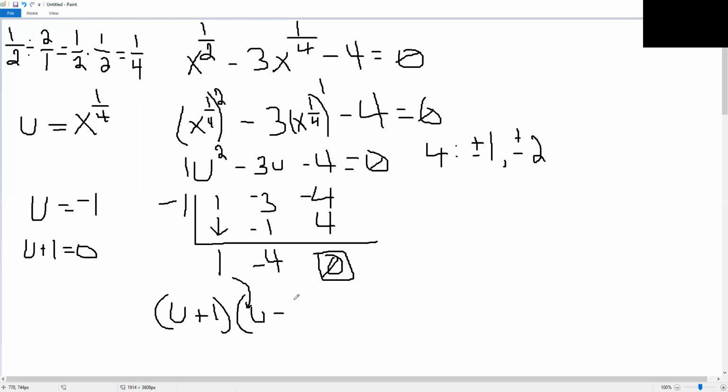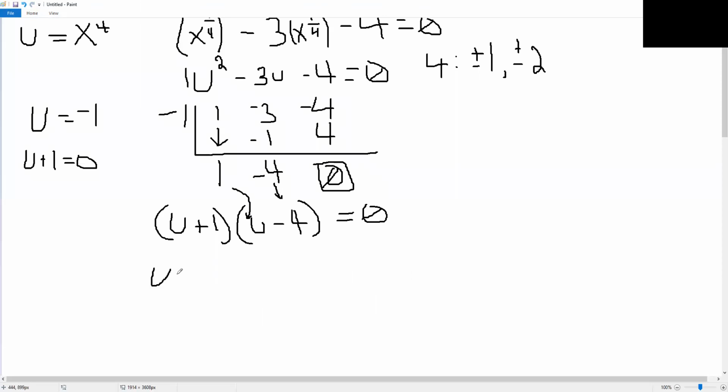And this is minus 4, because this dropped down to there, equals 0. Now, we can solve this. U plus 1 equals 0, and U minus 4 equals 0. So this is U equals negative 1, and this is U equals 4.